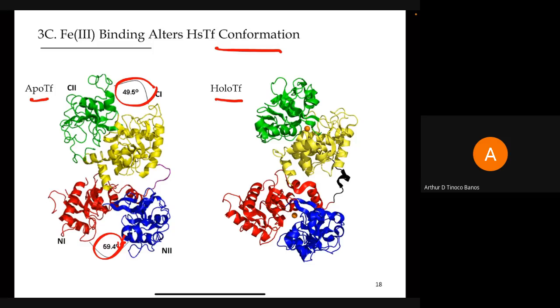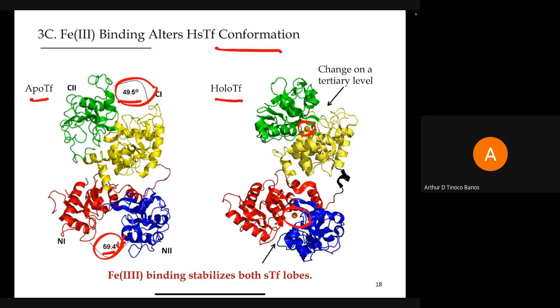We have approximately a 50-degree change in those subdomains because of the iron binding at the C lobe, and approximately a 60-degree change because of iron binding to the N lobe. So iron binding does something really dramatic in terms of the structure of that protein.